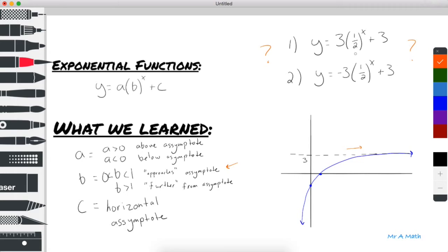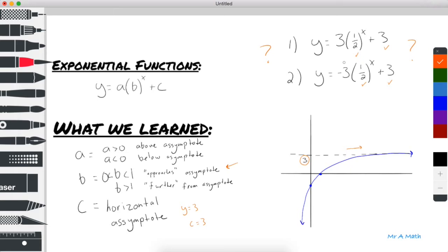So in this situation, b is between 1 and 0 in both of them. We also see that the horizontal asymptote is at y equals 3. So that means that c is equal to 3. So that looks good in both equations, but a is different in both equations.